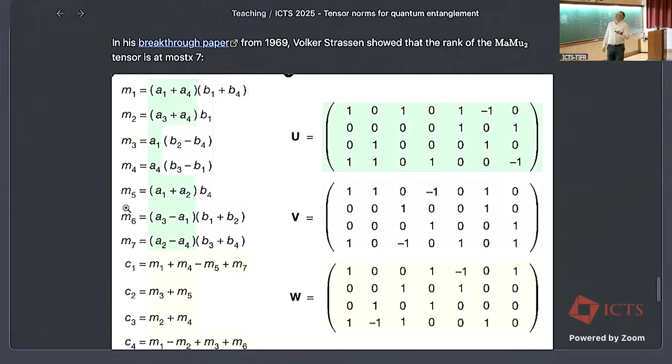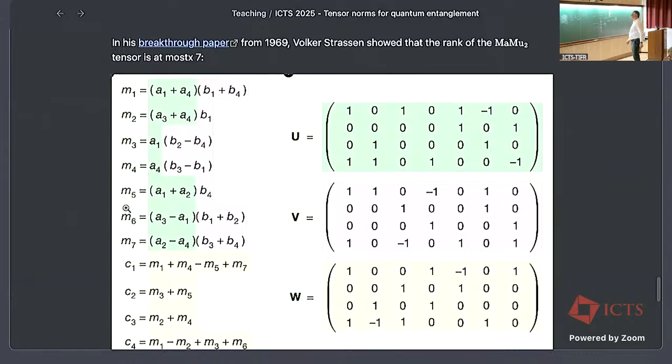So here you have the algebraic formulas on how to compute C1. So first, you have your matrices A and B, you compute all these products, you have 7 of them, 7 products. Sums are free, sums don't cost anything. So I have 7 products, and then I can compute my entries of C as sums or differences of these 7 products. And this thing here is the same as this thing here.